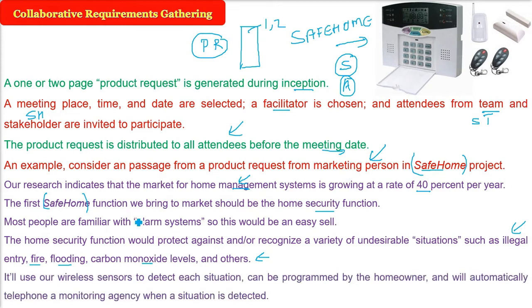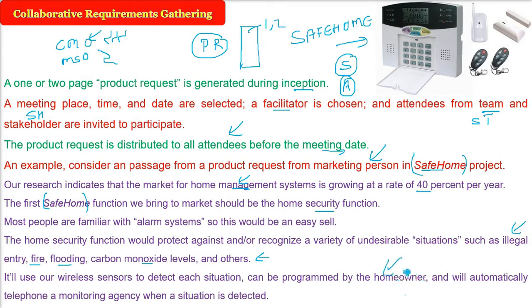In this, the user and the other people are saying we will use a wireless sensor, a motion sensor, and a carbon monoxide sensor. So if the monoxide level increases, or there is some motion in the night, it can detect it and give you an alarm, so you know what is happening.